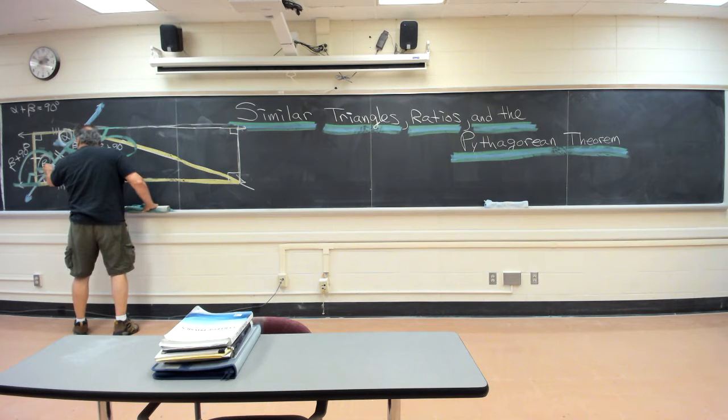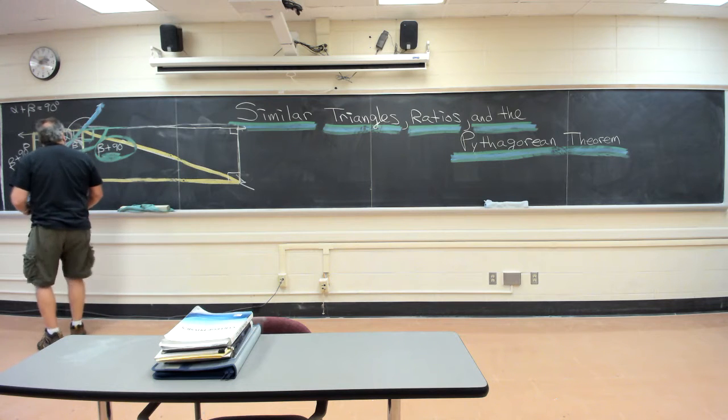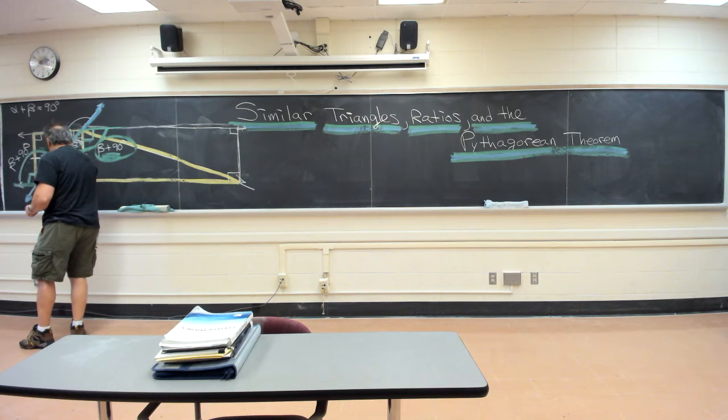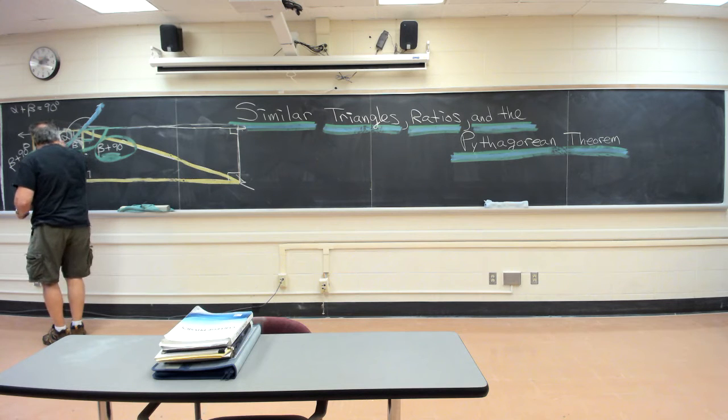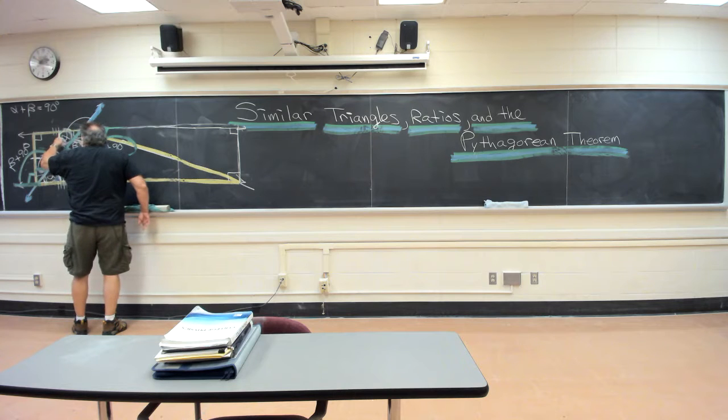If this is alpha and this is alpha, then basically what we have here is, if this right here is alpha, and that's alpha as we've proven, alpha plus whatever this is a whole entire straight line. It's an opening of 180 degrees.